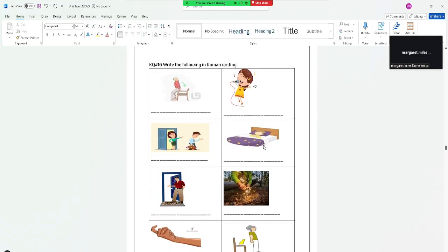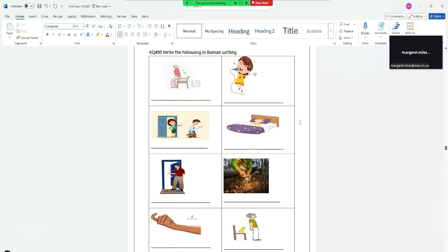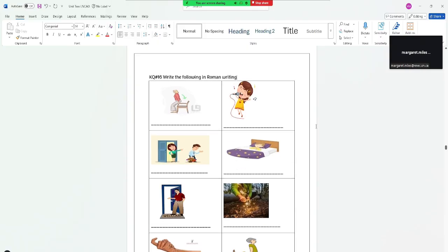So the following pictures on key question 16, the pictures are singular, so you would write it in Roman writing. The first one, we said the lady, see the picture? Appe, sit down was the first one.